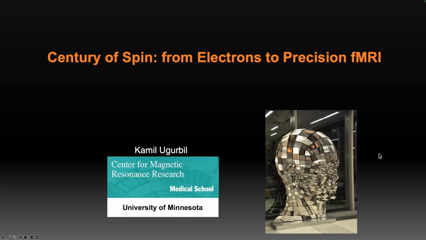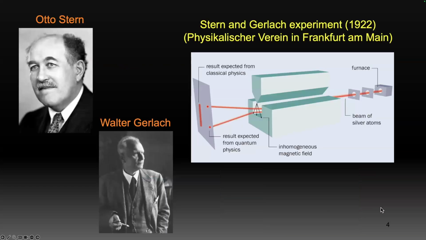So, the critical experiment, if you talk about the history of spin, is the Stern and Gerlach experiment. Those of you who are trained in physics would know this is a very, very famous experiment. It was conducted in 1922.